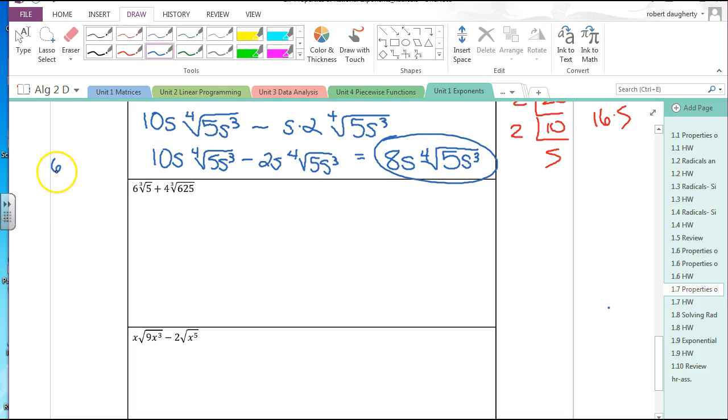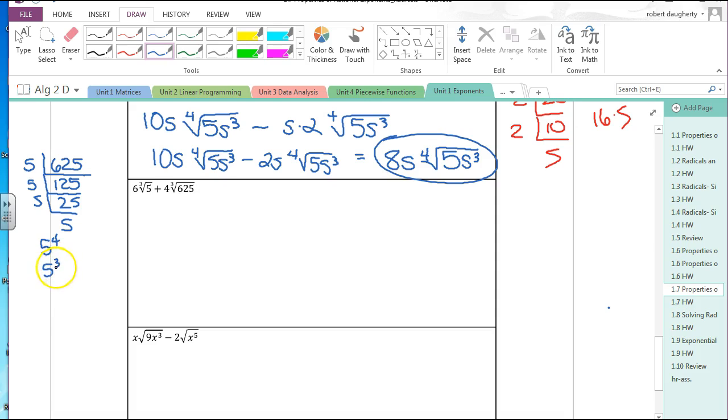But then I just look at 625, and if you don't memorize it, you do know it's divisible by 5. That's 5 times 125, which is 5 times 25, which is 5 times 5. So 625 is 5 to what power? 5 to the 4th. If I'm organizing this as perfect cubes, how can I write this?